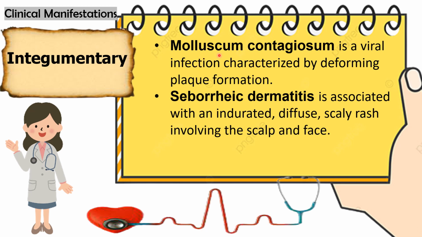We also have molluscum contagiosum, which is a viral infection characterized by deforming plaque formation, and seborrheic dermatitis, which is associated with an indurated or diffuse scaly rash involving the scalp and the face of the patient.